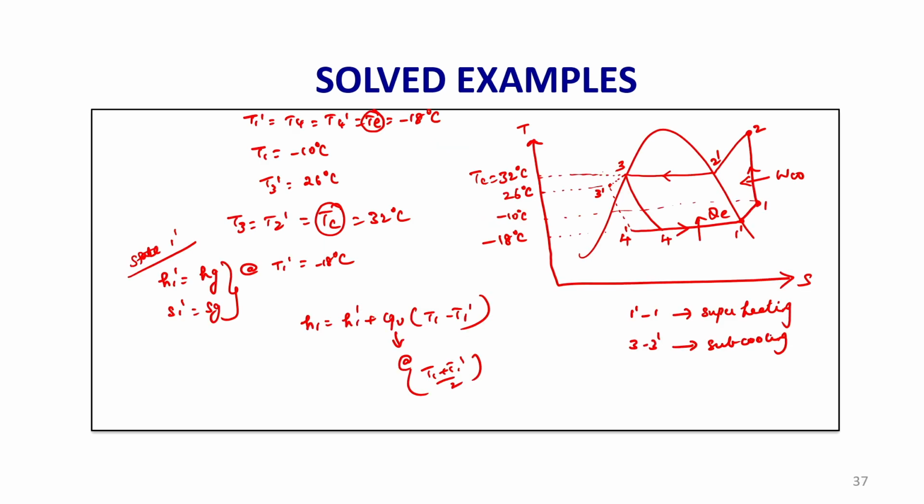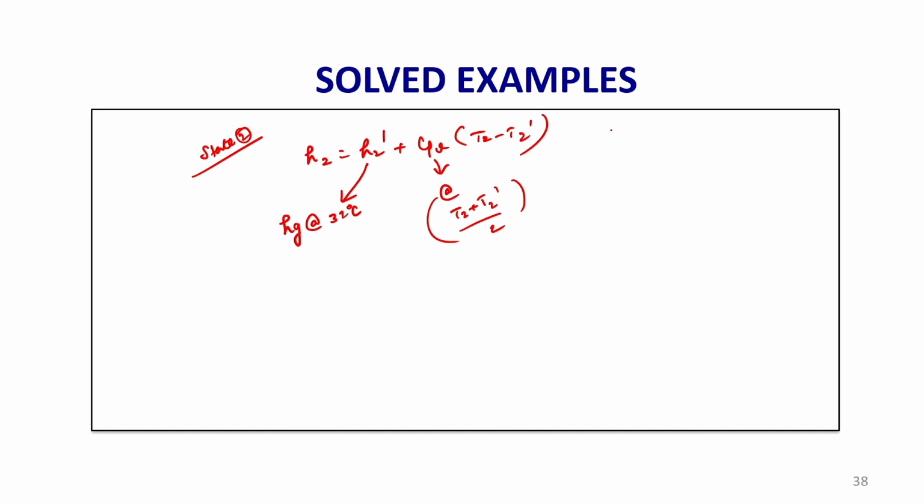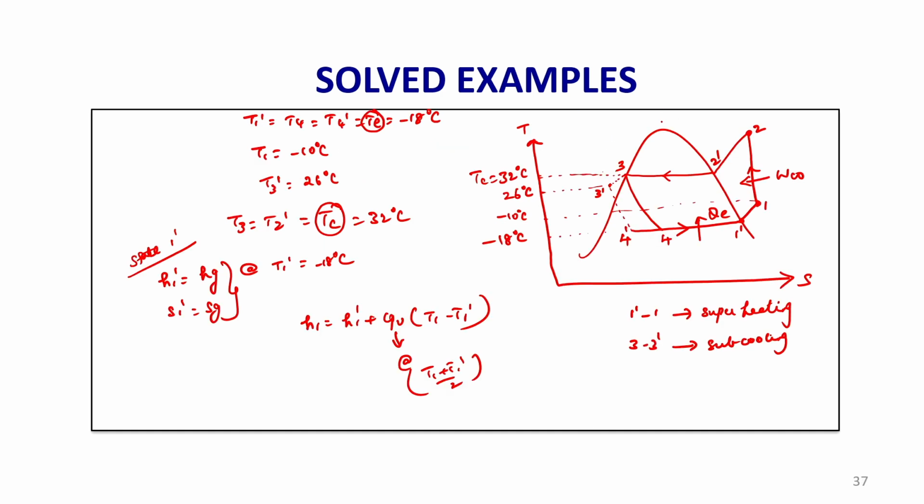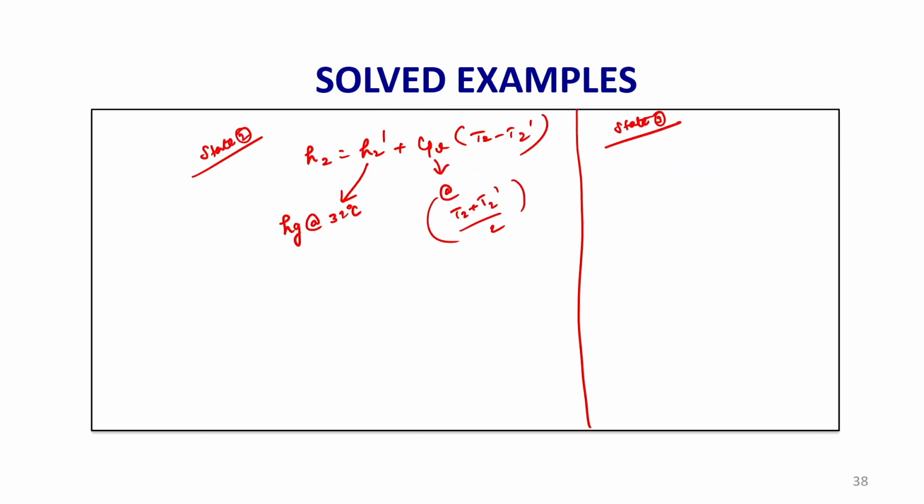Now, come to point 3. Let me write state 3 here. State 3 is very easy. State 3 is on the saturated liquid line corresponding to 32, temperature at 3 is equal to temperature at 2 dash. So, enthalpy at 3 is equal to liquid enthalpy at T3 equal to 32 degrees centigrade.